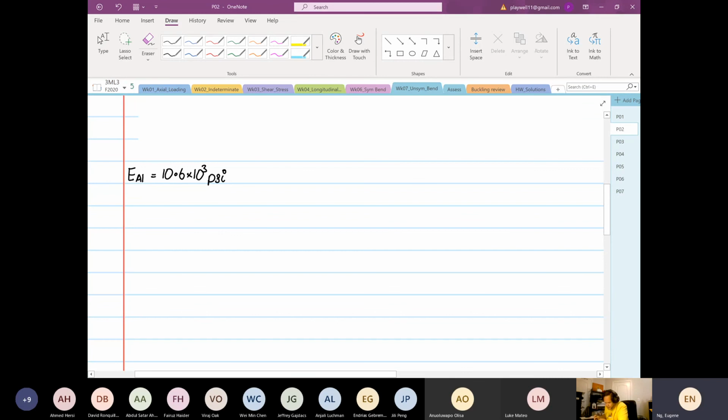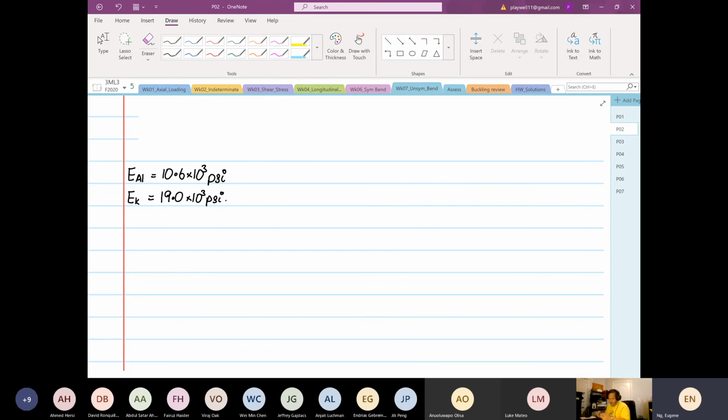Then the Young's modulus of Kevlar is equal to 19.0 times 10 to the power 3 ksi. So we know from here Kevlar has the highest Young's modulus.